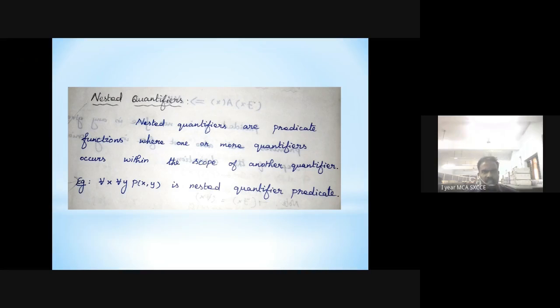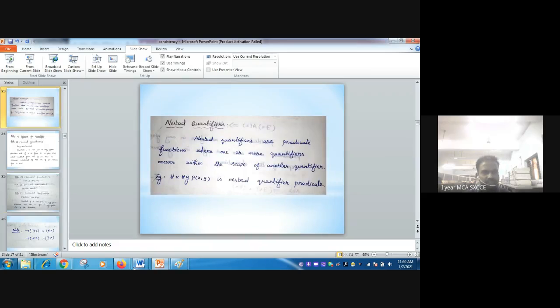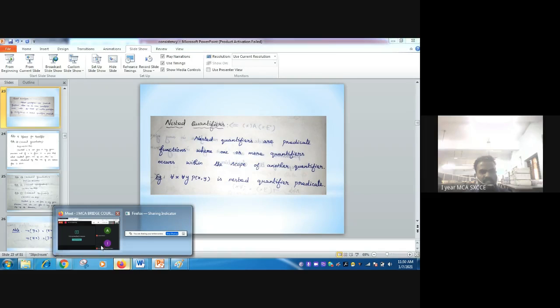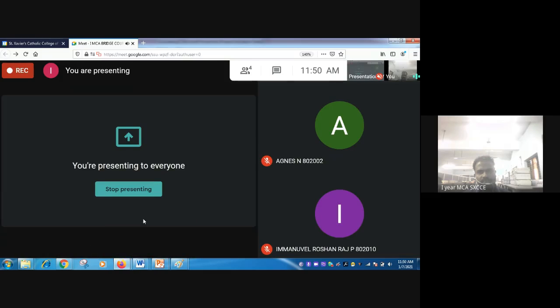Now, nested quantifier. Before going to nested quantifier, we என்ன பார்க்கலாம் அப்படின்னா, have you all familiar with the C program?